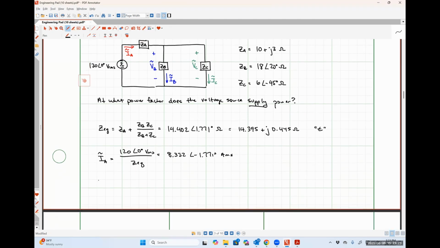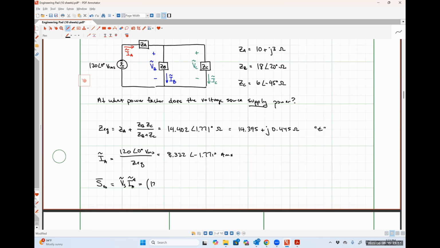So the complex power supplied by our voltage source is just going to be Vs, sorry, that should have a squiggle over it, times IA conjugate, because we're calculating supplied power, and that current is flowing into the negative polarity terminal, out the positive polarity terminal.